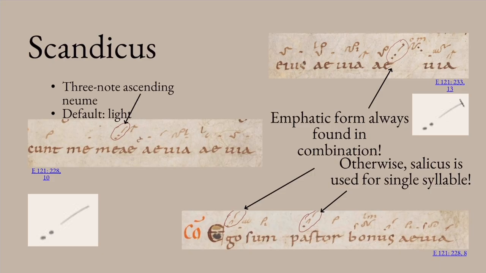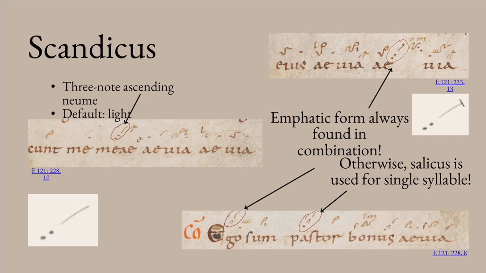On the bottom left-hand side, you'll see that we have the default, the light one, da da da, and then on the right-hand side, it would be something like da da da. You're always headed towards that upper note. A slight difference there, and again, it's going to depend on what's going on contextually.